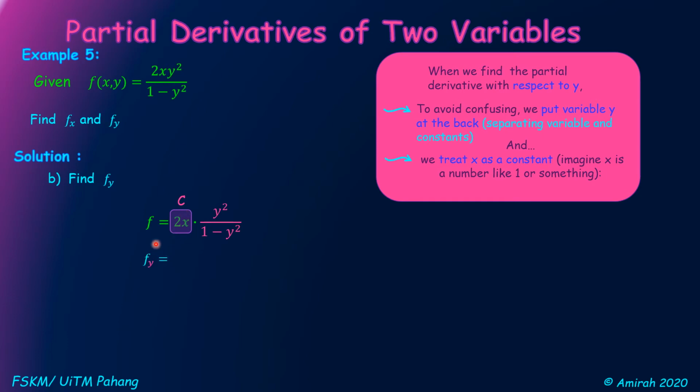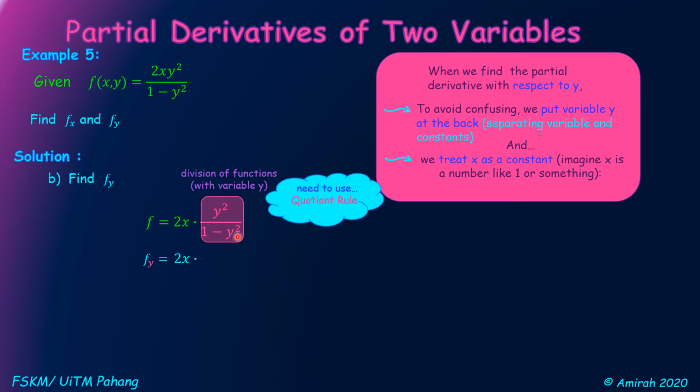And then, when we find fy, we have multiplication by a constant here, so we just keep the constant in front after we differentiate. Then, from here, we have a division of functions with variable y, which means we have variable y in the numerator and denominator.